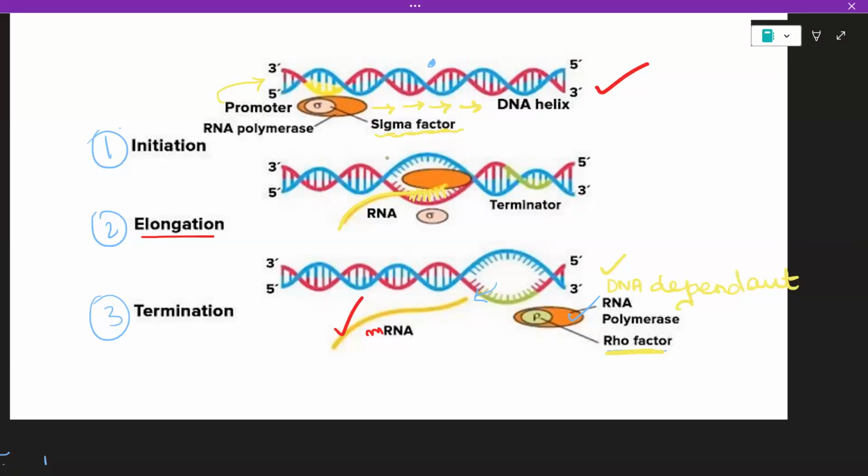Is this diagram clear to everyone, students? Yes, ma'am. Ma'am, suppose this question comes: explain these three steps. Should we explain it with this diagram?